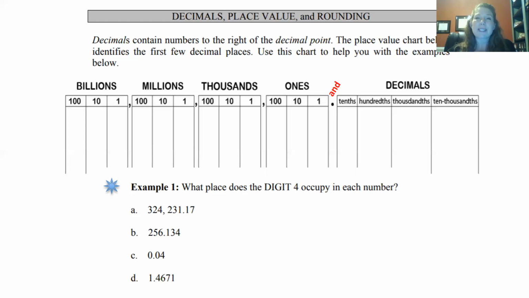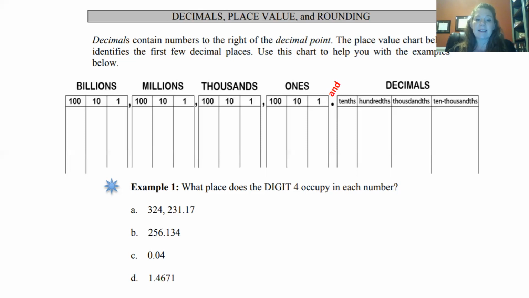Technically, when we say numbers, we say them kind of lazily and stick the word and in there. Like if we were saying the year 2004, technically that's not right. You're supposed to only say the word and when you're showing where the decimal is located. So on letter B, you would say that number correctly, 256 and 134 thousandths.